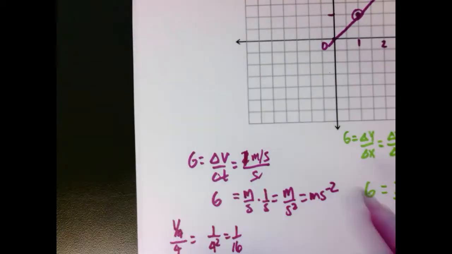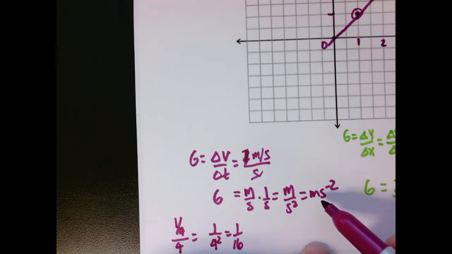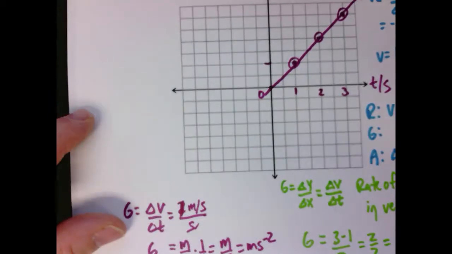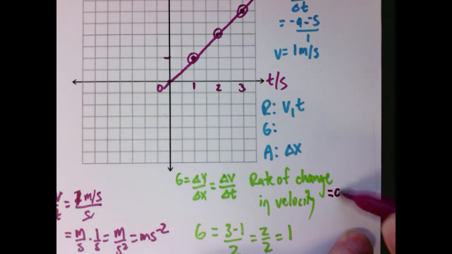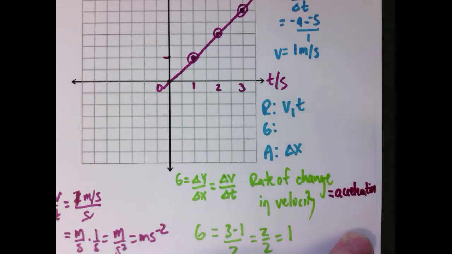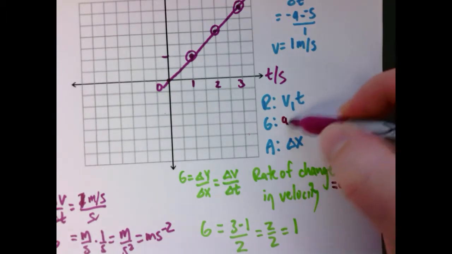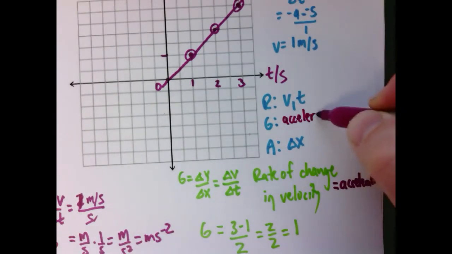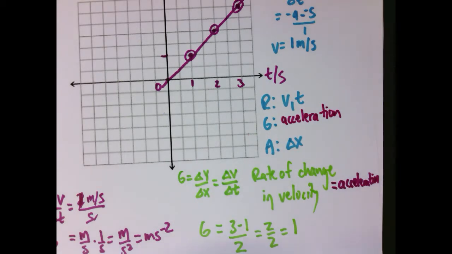But it turns out, notice this is not the units of velocity or speed, it's the units of something else. It's the units of the rate of change in velocity, which has a name, acceleration. So the gradient of this graph gives the acceleration, how much the velocity is changing every second.